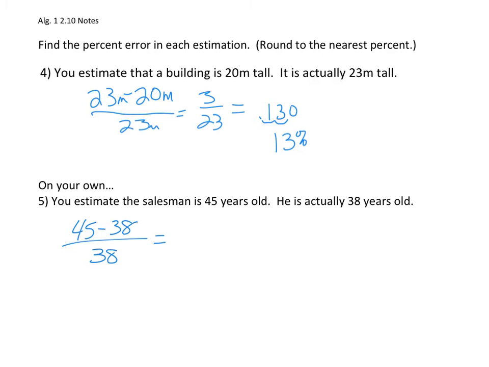We take that difference of 7 and calculate 7 divided by 38 with my calculator. I get a decimal 0.1842. Going to round that to 18, move the decimal place over a couple spots, and that is a percentage of 18.